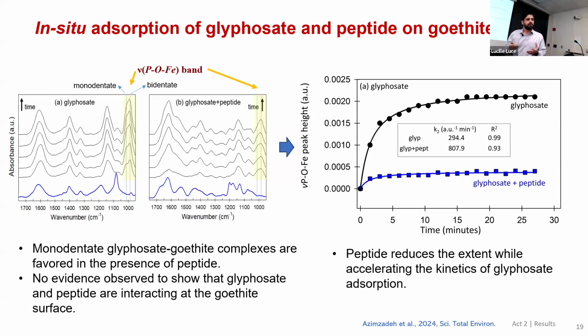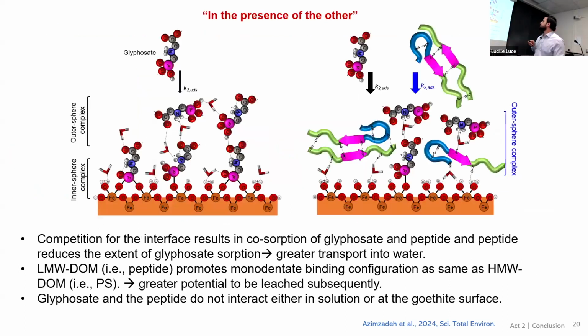So that means peptide is changing binding type, not only adsorption capacity. Also, we found if there is any type of chemisorption for glyphosate with peptide, it's more monodentate form, which is a less strong one.